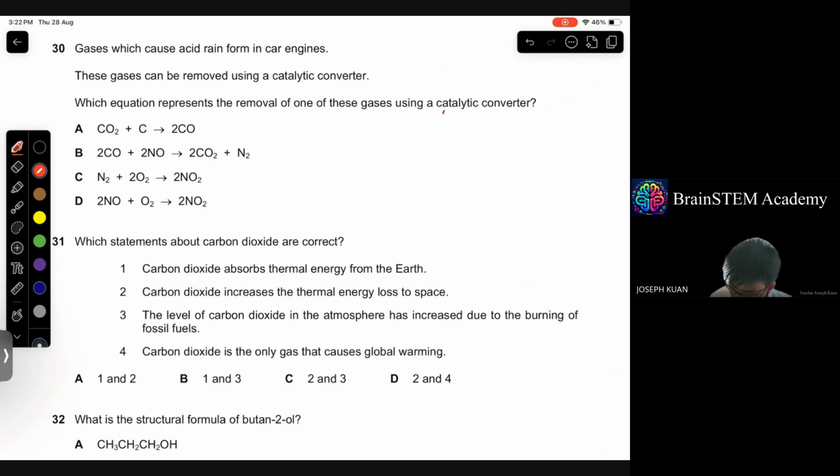Right? And according to the structure here, we see that the diamine has 2 carbon, and the dicarboxylic acid has 4 carbon in total, but then the central structure only has 2 carbon here. So the answer cannot be C or D because they already exceeded the structure here, only 2 carbon.